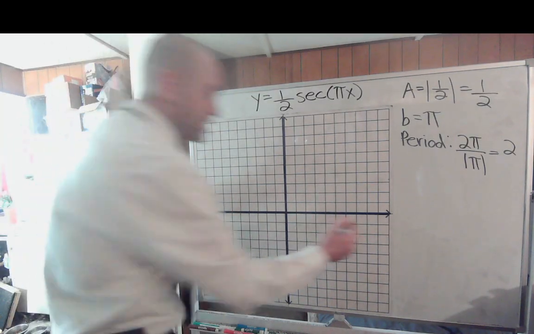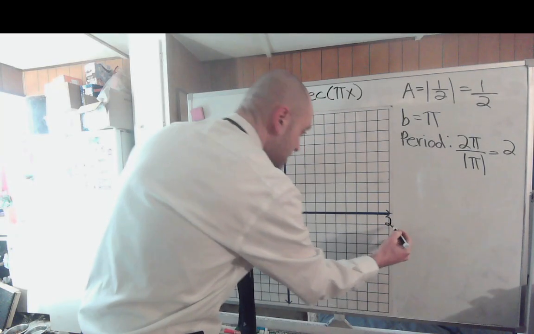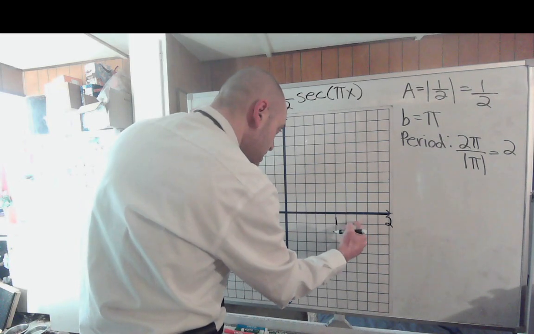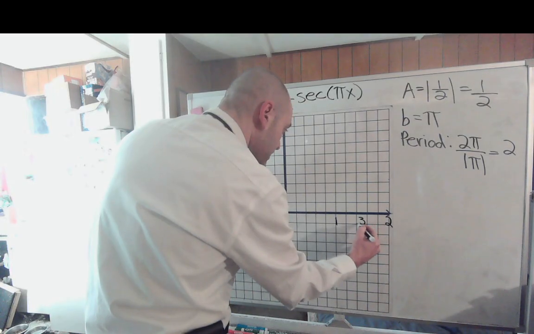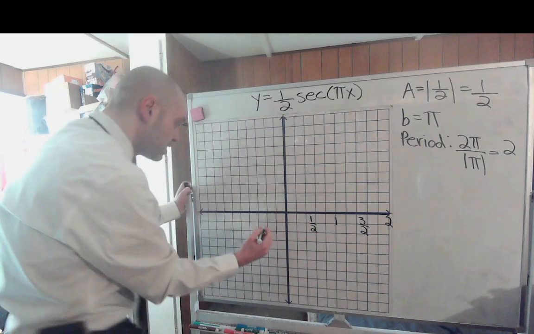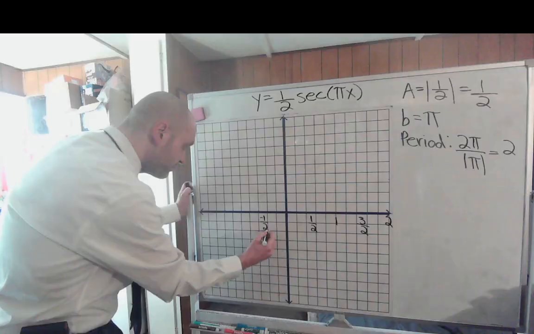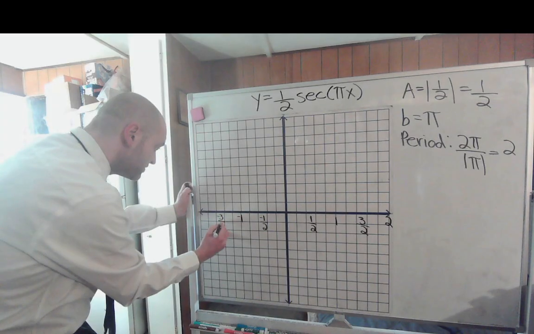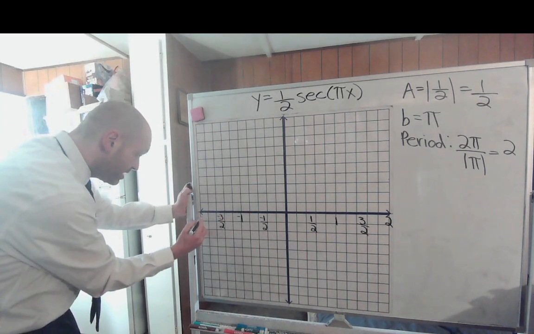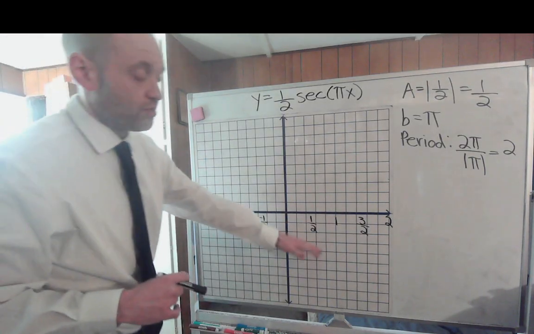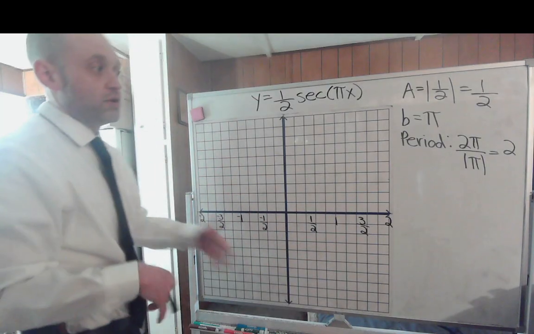So now that we have that as our period, let's label everything. Here's 1. Here's 3/2. Here's 1/2. Here's negative 1/2. Negative 1. Negative 3/2. And then we end up having negative 2, since our x numbers are based on numbers as opposed to pi.